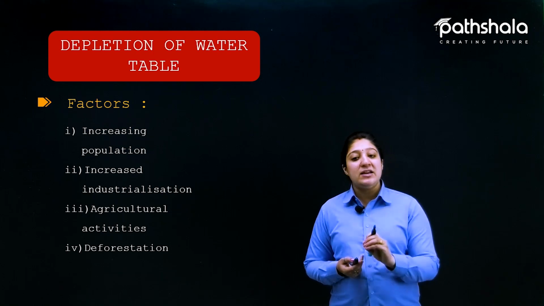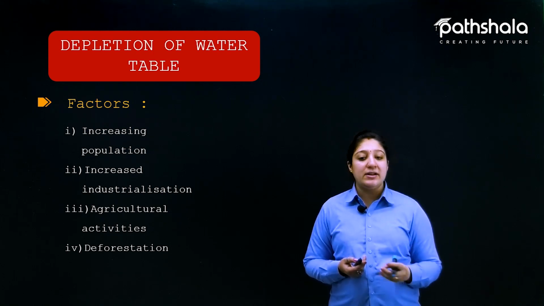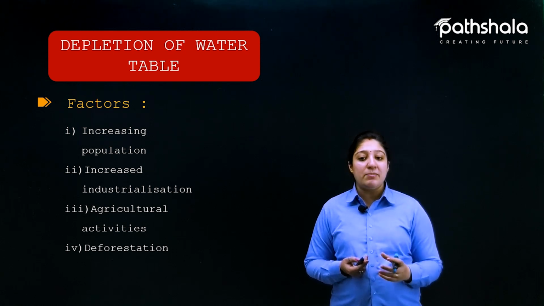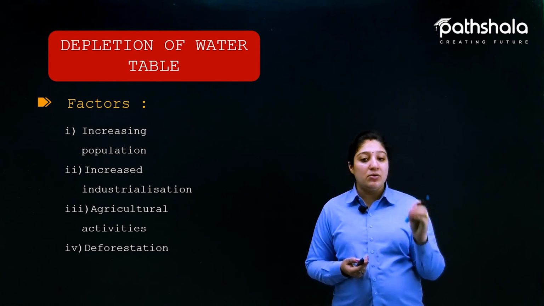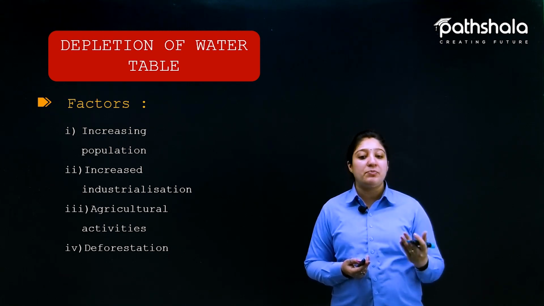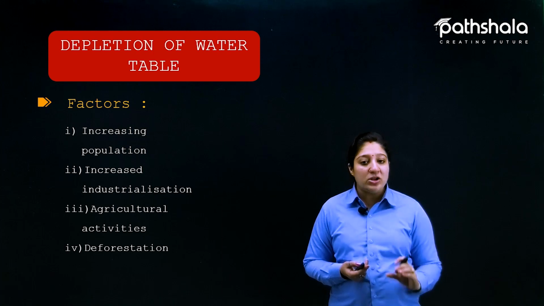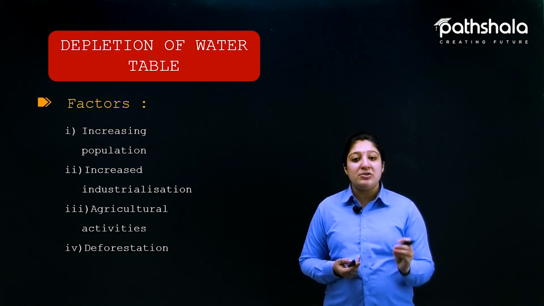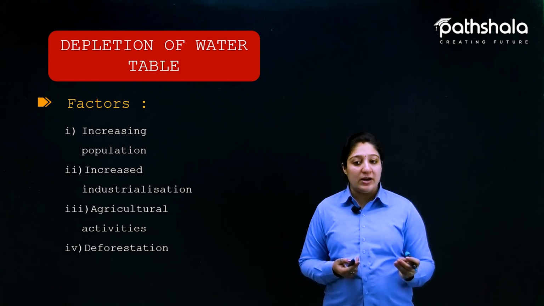But as deforestation occurs, more and more trees are cut down, so less water seeps down, or less infiltration is done, and because of that the water table is not recharged properly, which results in the depletion of the water table.